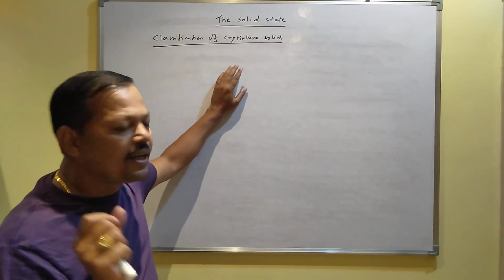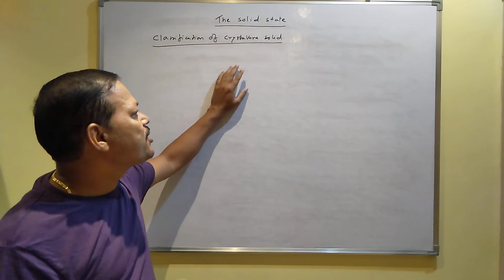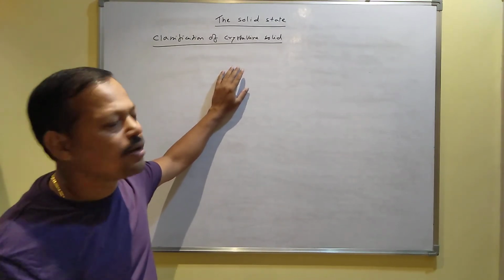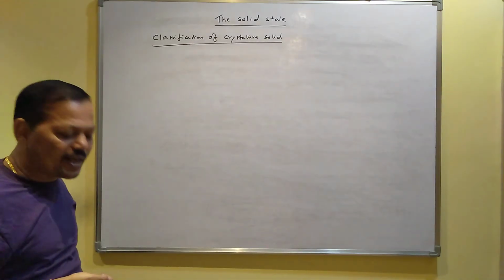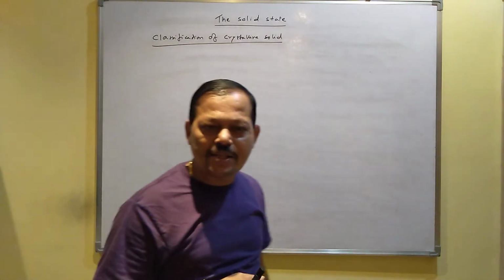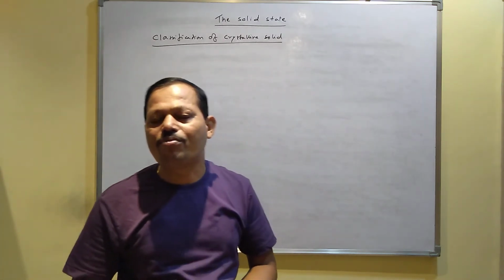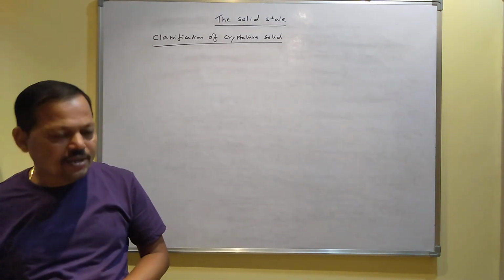One is called ionic solid, one is called covalent solid, one is called molecular solid, and one is called metallic solid. So a crystalline solid can be classified into 4 types based on the nature of the particle and the nature of the force of attraction between the particles.